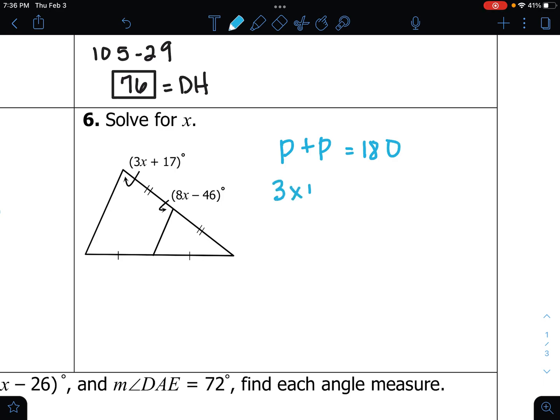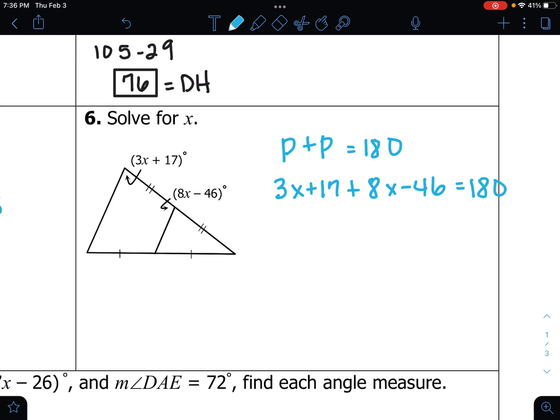So that's going to be 3x plus 17 plus 8x minus 46 equals 180 degrees. And of course you can use NSolve, or you can just solve it. I'm going to combine like terms. So 3 plus 8 is 11. And combining the 17 and the 46, I think it's 29. And it's going to be 180. Just kidding, add 29 to both sides.